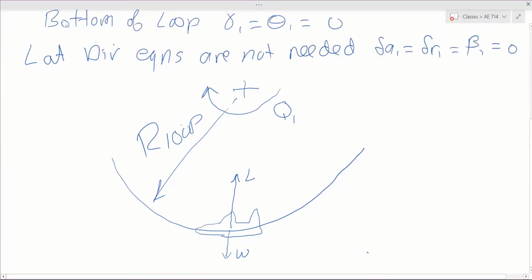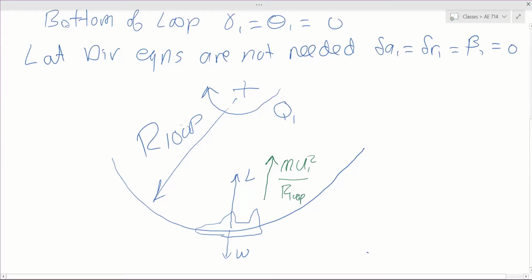So the lift counteracts the weight, but it also provides a centrally acting force that we know from physics depends on the mass and the velocity squared, and then it's inversely proportional to the radius of the loop. So that's the required centripetal force needed to do this.